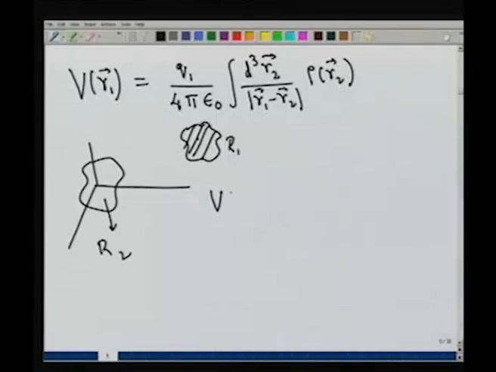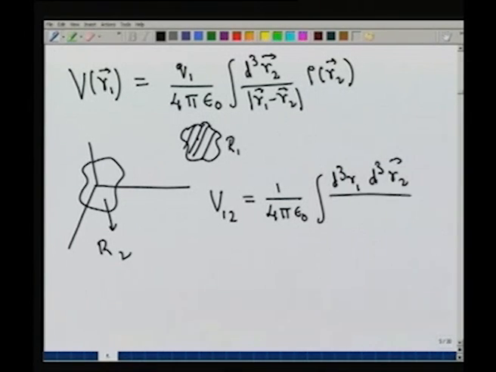We all know that in that case, the interaction potential between 1 and 2, where 1 is a charge distribution which is sitting here and 2 is another charge distribution that is sitting here, is nothing but 1 over 4 pi epsilon naught integral d cubed r1 d cubed r2 rho 1 of r1 rho 2 of r2 divided by mod r1 minus r2.